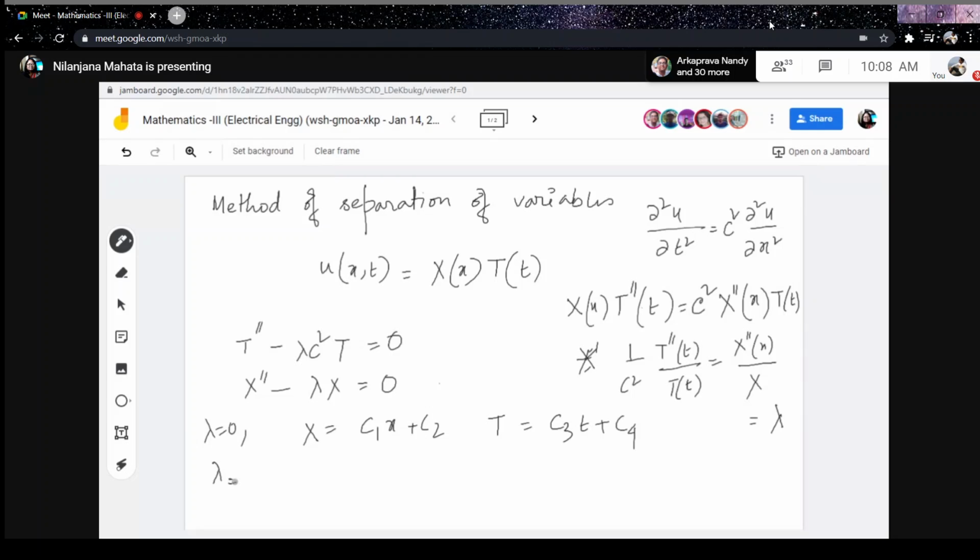Suppose lambda is positive, say p square, so your X will be c1 e to the power px plus c2 e to the power minus px, and T will be c3 e to the power cpt plus c4 e to the power minus cpt.